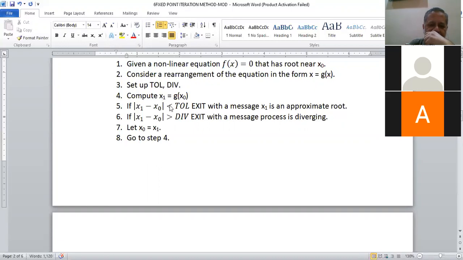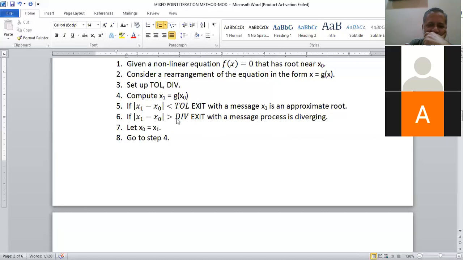Check the tolerance. If it is achieved, terminate with the message that x1 is an approximate root. If tolerance is not achieved, look for the divergence. If the last x and the new x are too far away, more than the large number that you have selected, then you have to exit with the message that the process is diverging.